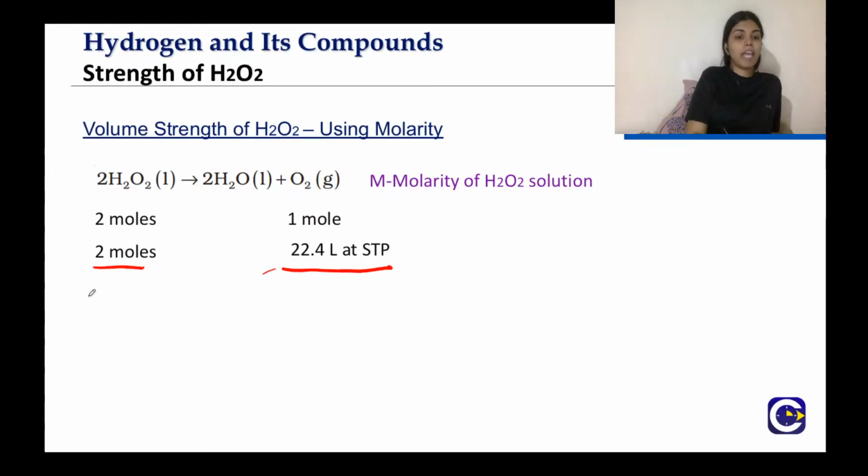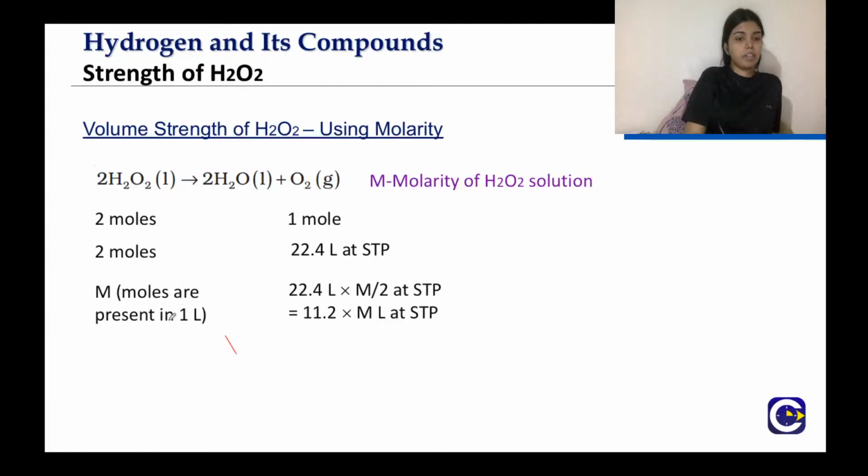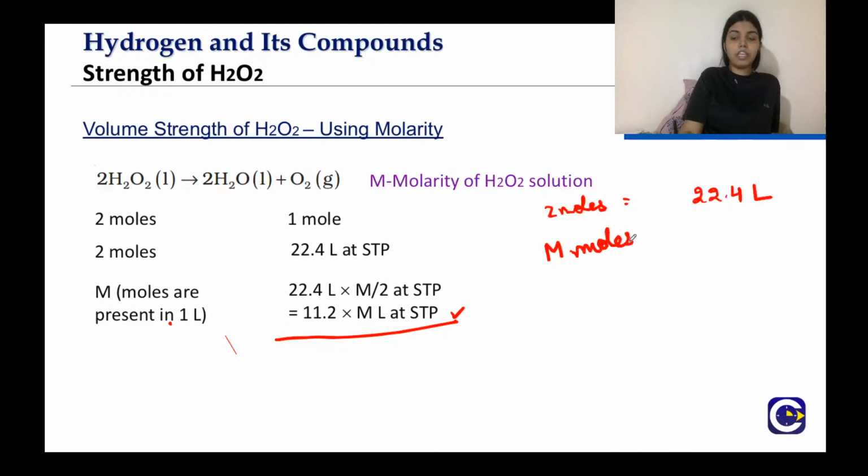Now because I am having M moles, remember that the number of moles equals to what? M, because the volume of solution was 1 liter. So M moles will give how much? M moles that are present in 1 liter of solution will give you 11.2 into M liter oxygen gas at STP. You just have to apply the unitary method, that if 2 moles are giving 22.4 liter of gas at STP, then M moles of hydrogen peroxide will give you how much amount of oxygen gas.